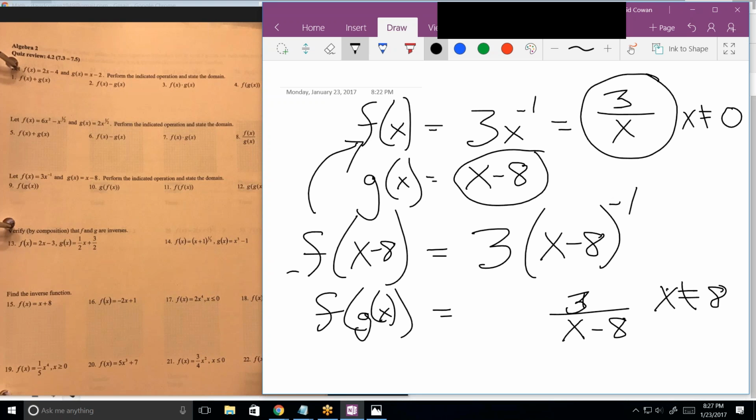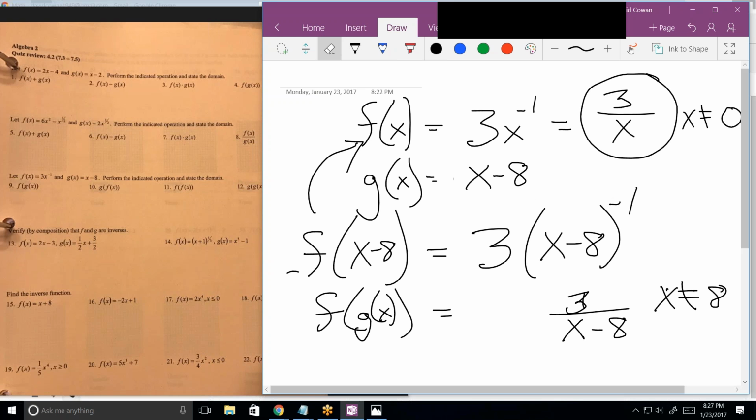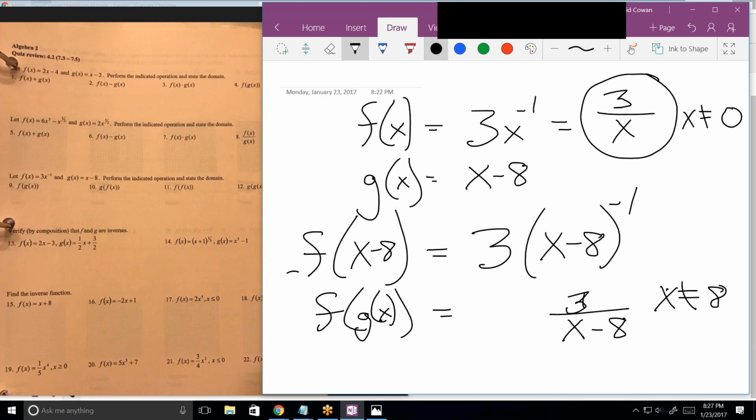So what you have to do when you're dealing with composite functions and domain is take all restrictions. In other words, you have to take the restrictions of both f of x and g of x, and the restrictions of their composite function. If I looked at just the individual functions separately, I would say x can't be 0, but it can be anything else.